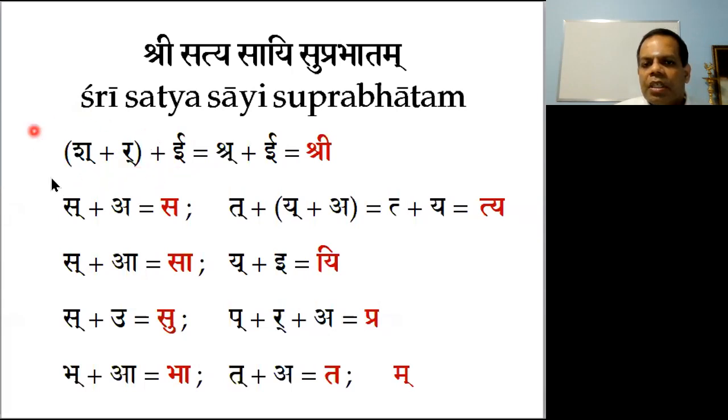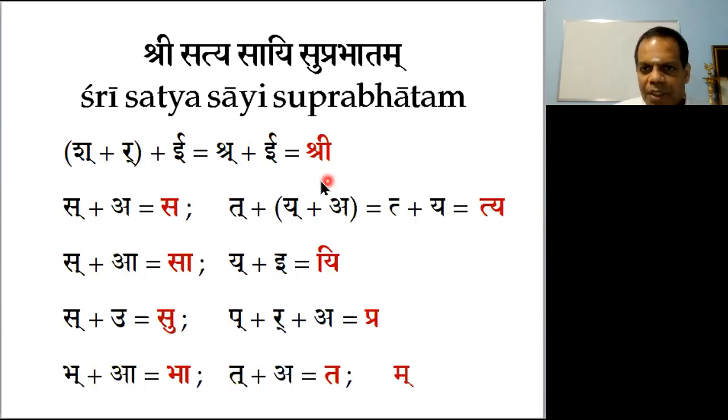So the ish and ir form shr, and this is the way it is written. And shr plus longer e will give you shri. So that is the first word, the word shri.